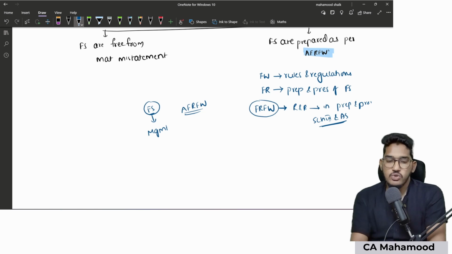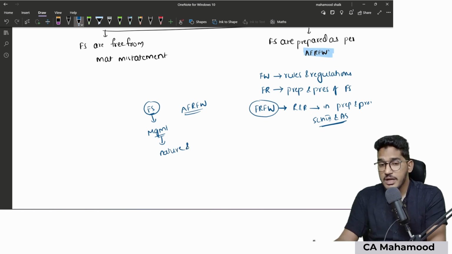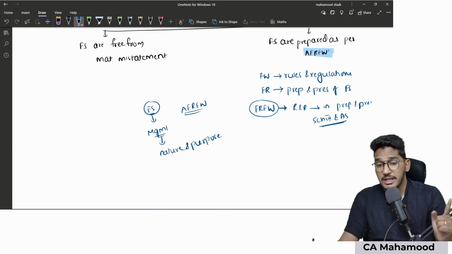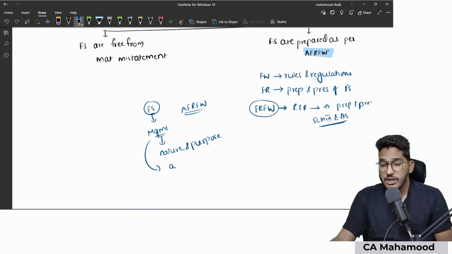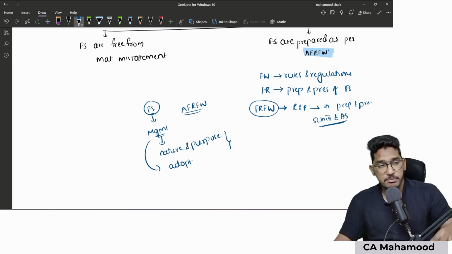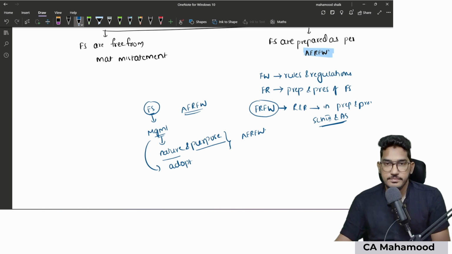While preparing the financial statements, keeping in mind the nature of the organization and the purpose of the financial statements, the management will adopt, very important term, the rules and regulations they have to follow. That framework which management has adopted, keeping in mind the nature and purpose of the organization, we call the applicable financial reporting framework.